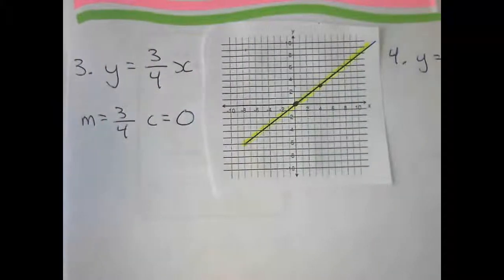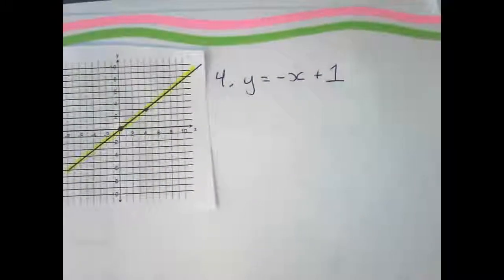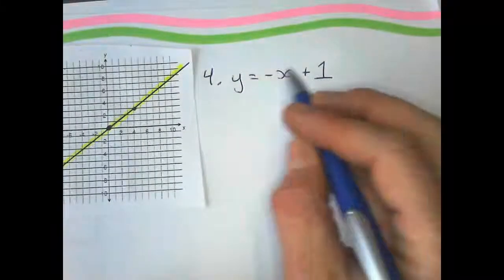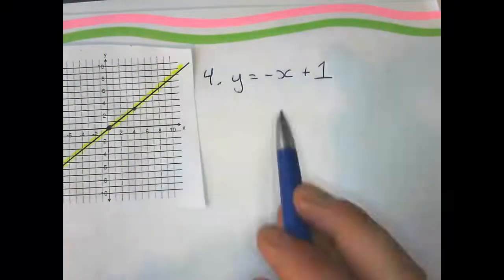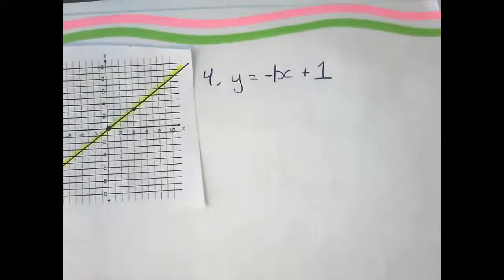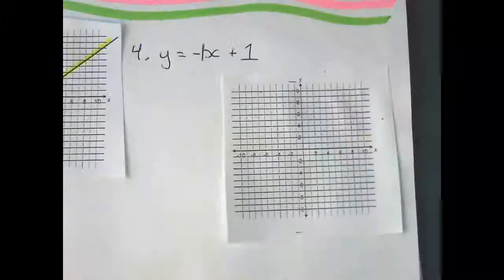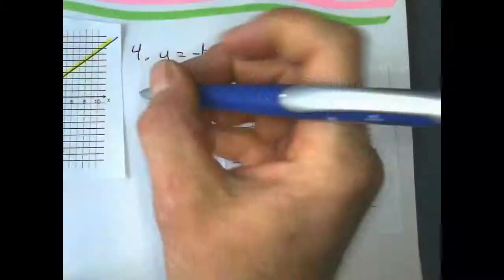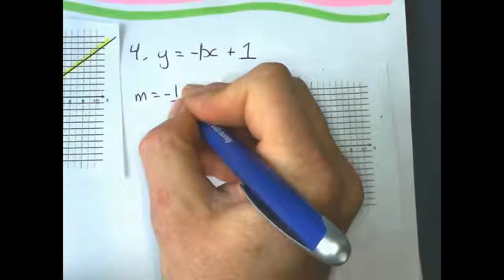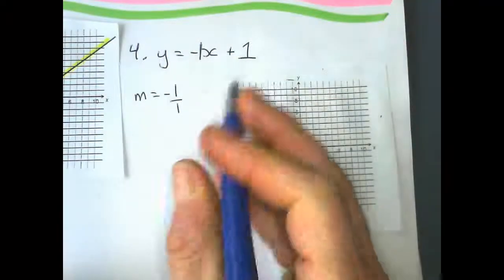Okay, let's look at an example where it looks like there's no gradient, but there really is. This one right here, first thing, define your gradient and your y-intercept. If there's no coefficient in front of that x, there is. It's just an invisible 1. Okay, so my gradient is -1, and I want to write that as a fraction, so just put it over 1.